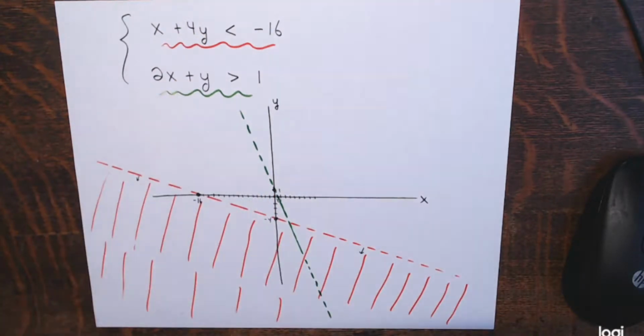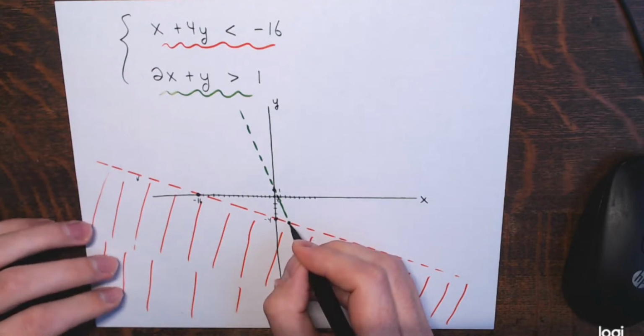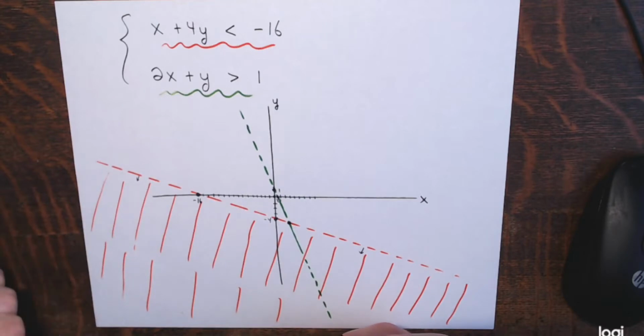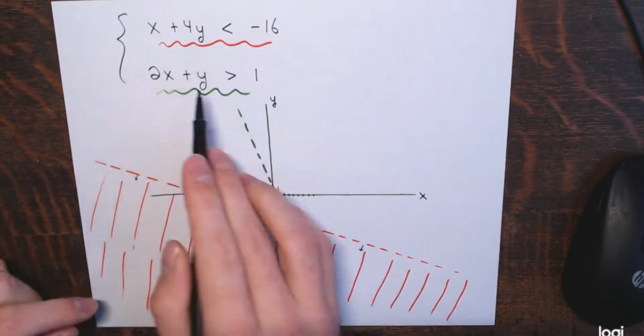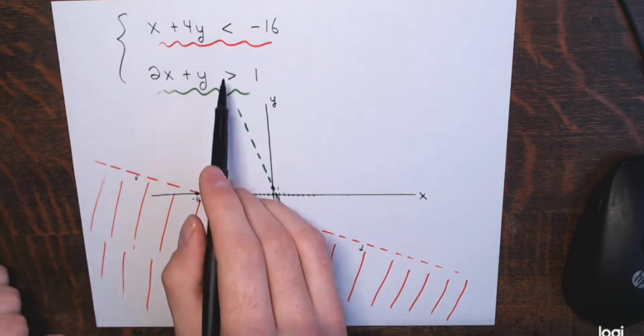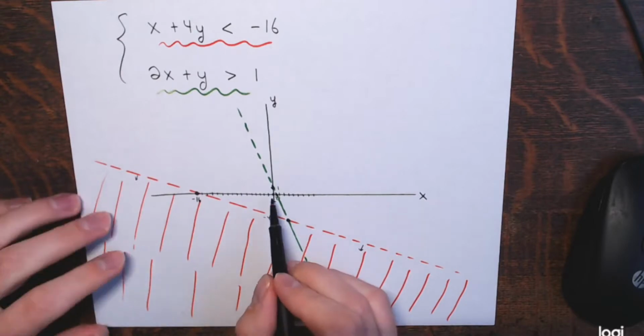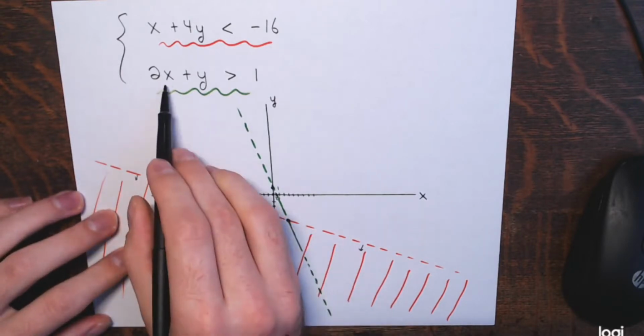Now, you could also figure out where the two lines cross by solving the system, but I'm not going to bother doing that. You could replace these with equal signs and then figure out where they cross. But I got this dotted line here, and once again, 0, 0 is not on it. It's on this left side. Is 0 plus 0 greater than 1?